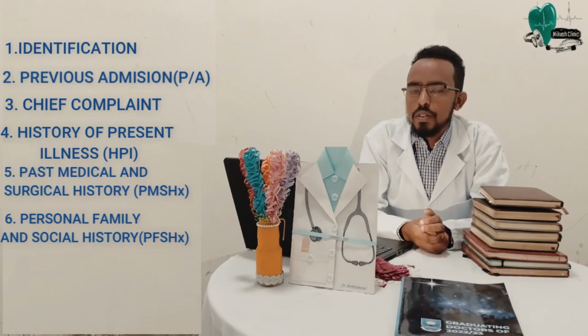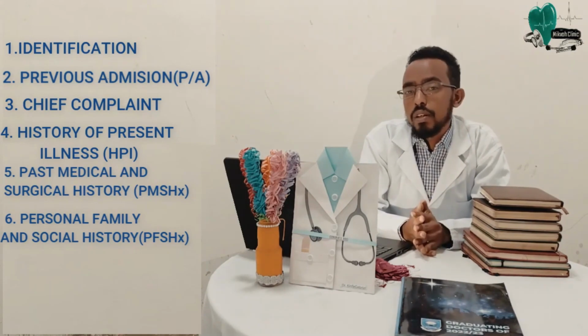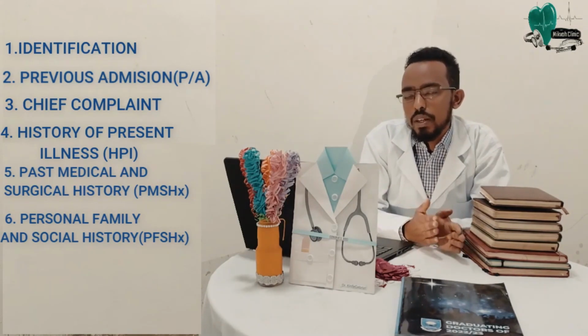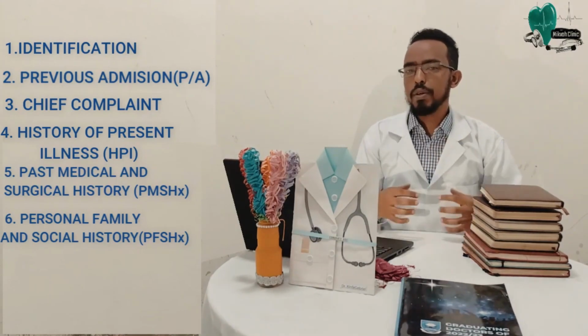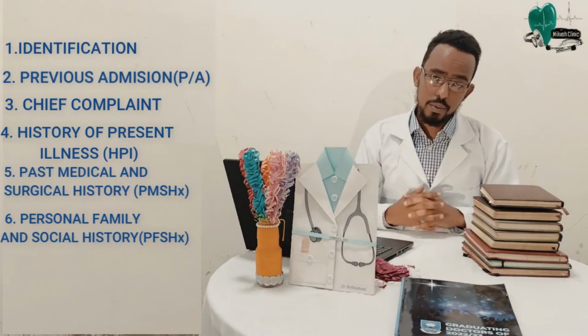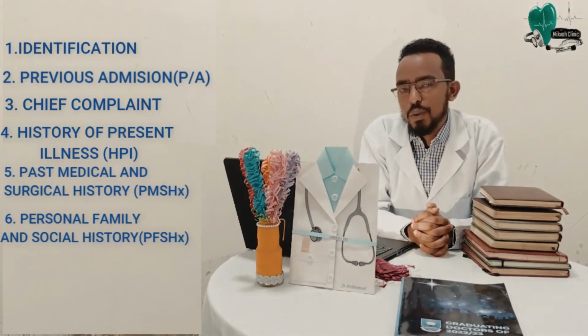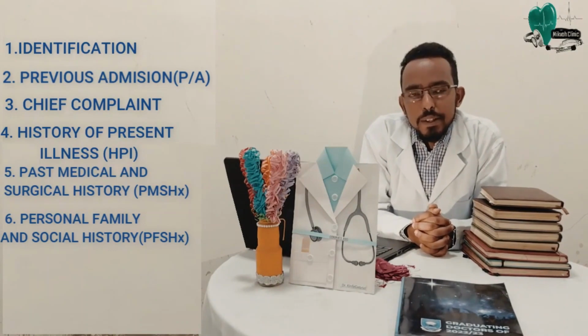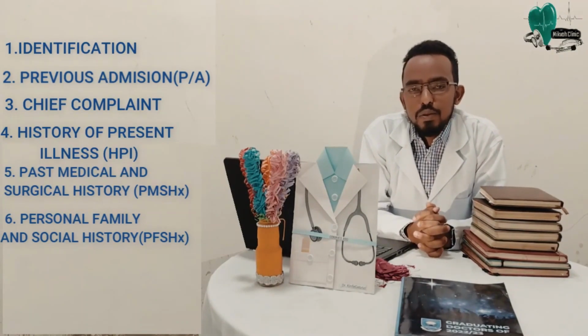Personal history from childhood up to now should be explored, because we may uncover different risk factors, as different personal habits are directly or indirectly related with different diseases. For that reason, we need to explore those personal histories and family and social history.